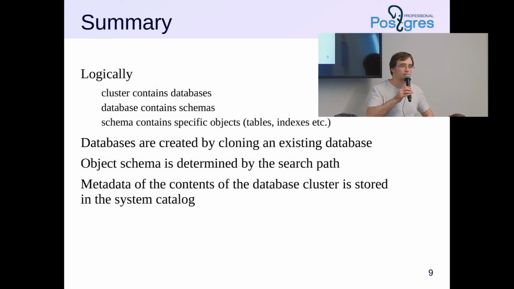So, logically, we have a database cluster. A database cluster contains several databases, usually at least 3, but maybe more. Each database contains schemas, and schemas contain objects like tables and so on.